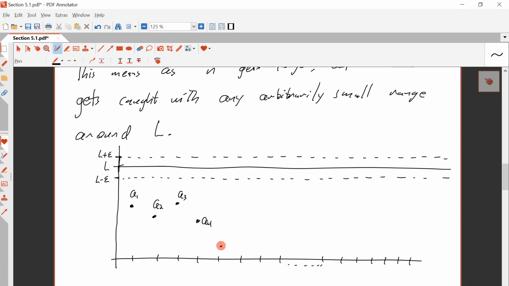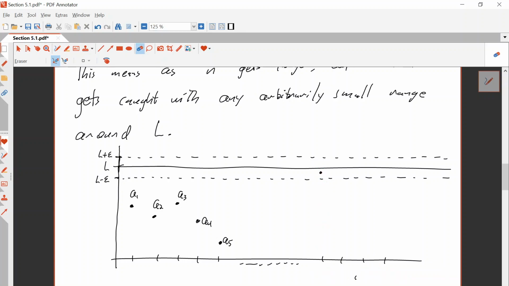So the a_n's are bouncing around, doing whatever it is that they're doing. But eventually, at some number M, a_n goes inside here.